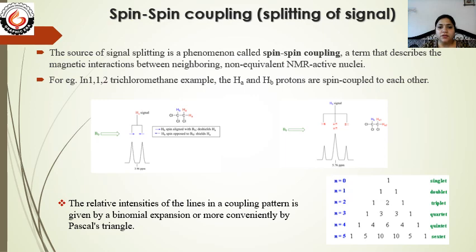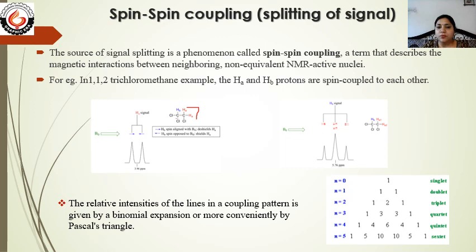Here the structure of 1,1,2 trichloroethane is given. You can see that two different types of hydrogens are marked here, on the basis of the different environment of the hydrogen. The HA hydrogens, shown in red color, both have the same environment because both are attached to a carbon which is further attached to chlorine and another carbon.